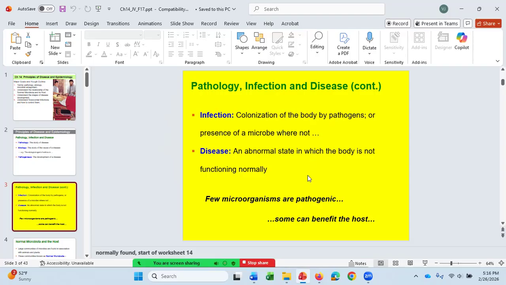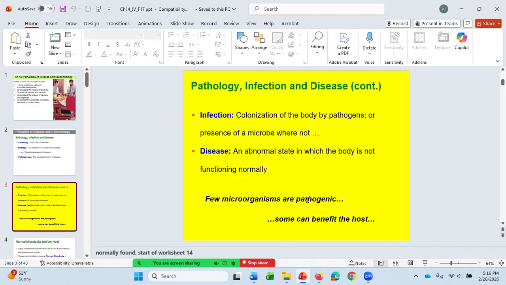Disease is an abnormal state in which the body is not functioning normally. Infectious diseases are caused by microbes. Obviously, not all diseases are caused by microbes, but infectious diseases are. When we're talking about disease, you should come to realize that few microorganisms are pathogenic, meaning few of them can cause disease.